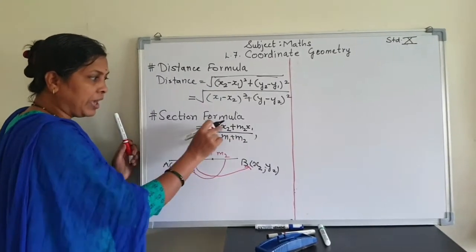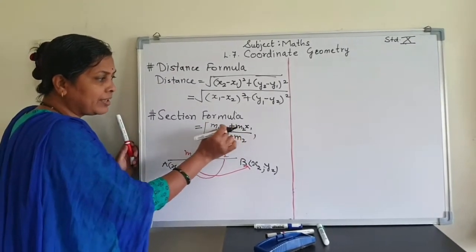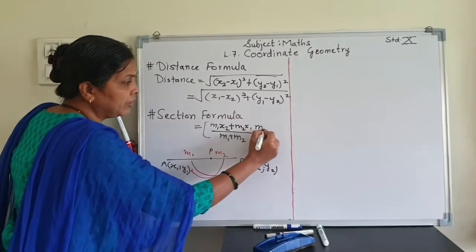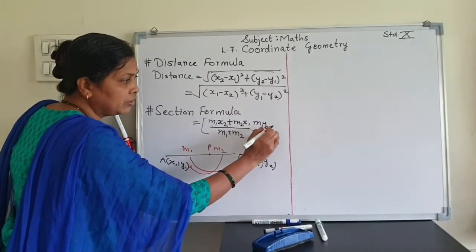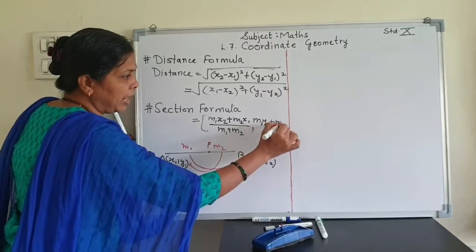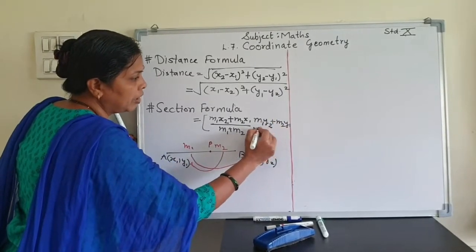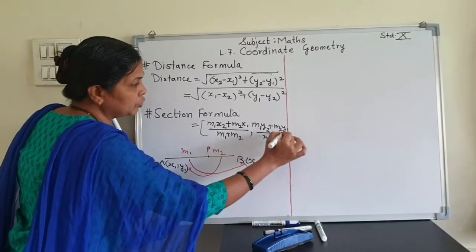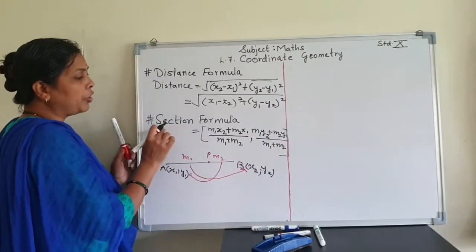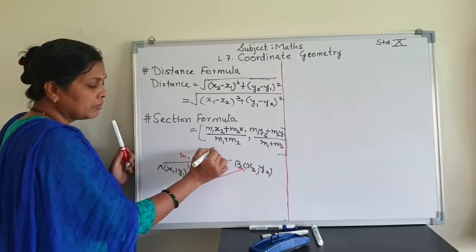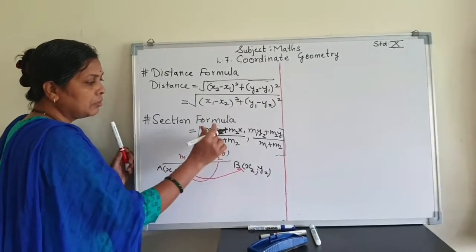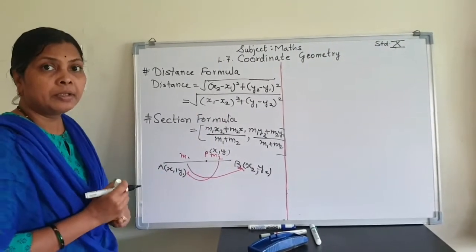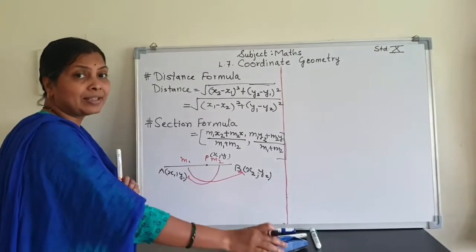Next, same way, only remove x and put y: (m1 y2 plus m2 y1) upon (m1 plus m2). So this is how we get the coordinates of this point by this section formula.